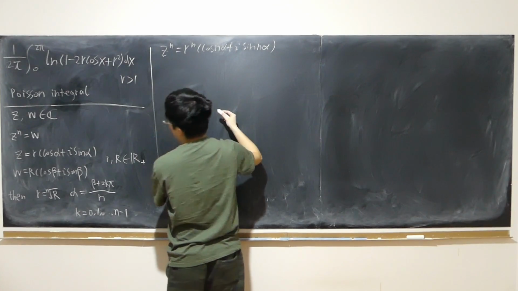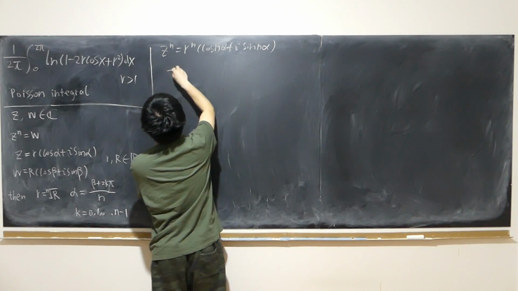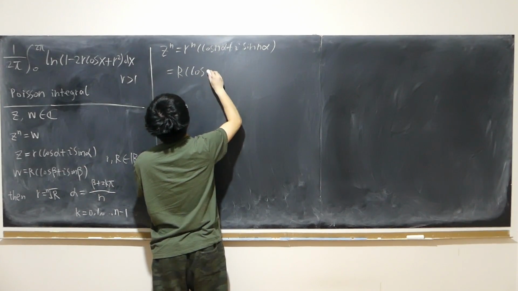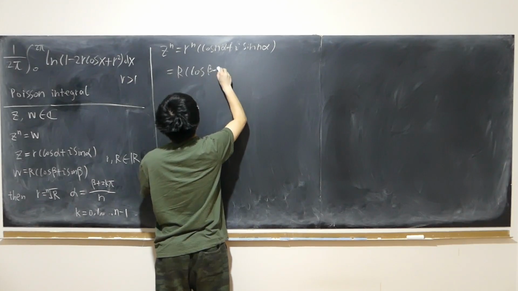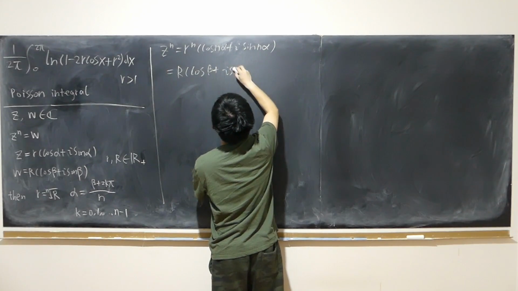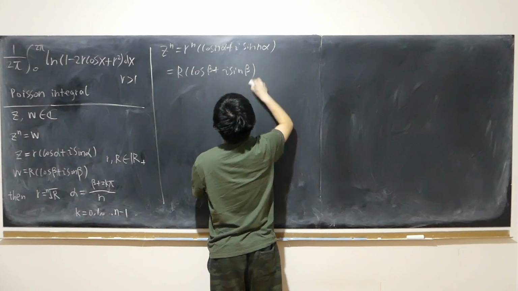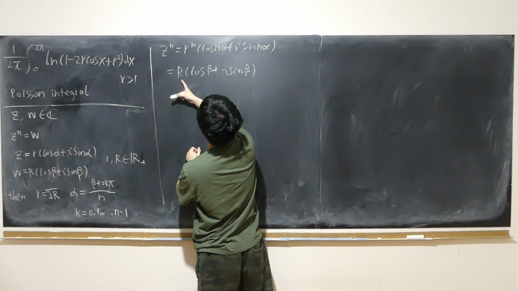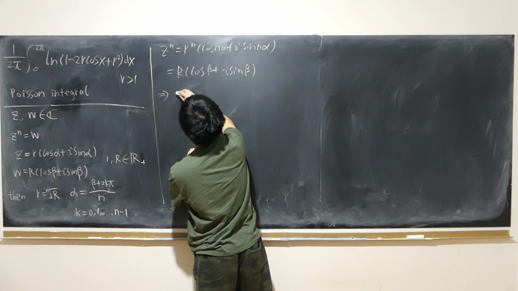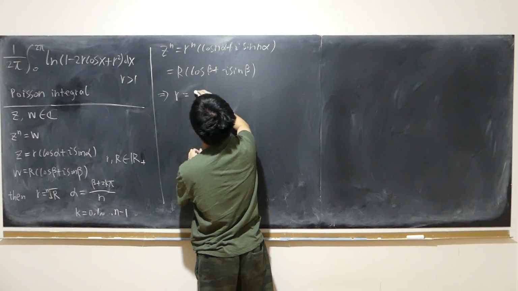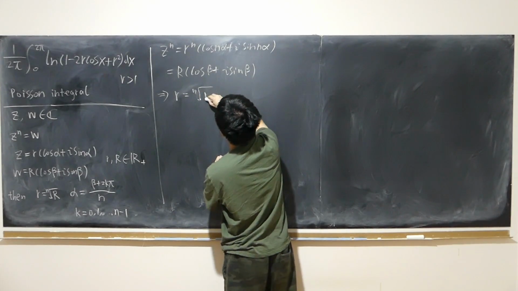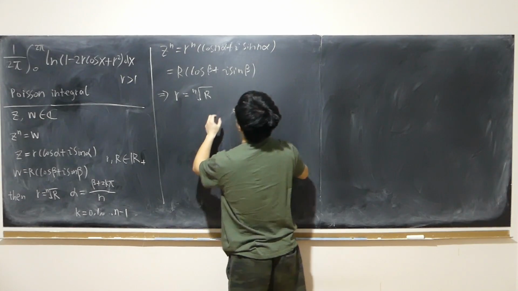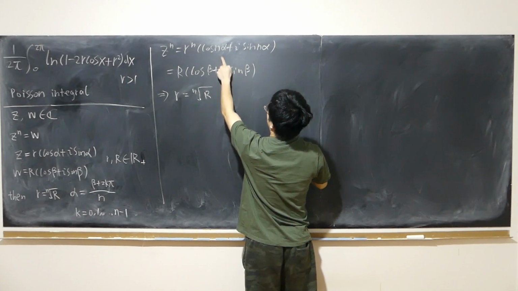It is equal to w, and w is equal to R times cosine beta plus i times sine beta. Since they're equal to each other, r to the power of n equals R. So r should equal exactly the nth root of big R. They're both real numbers, so this is safe. Accordingly, n alpha should equal beta.